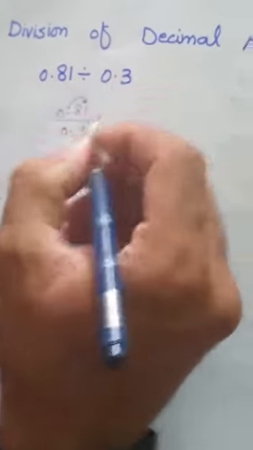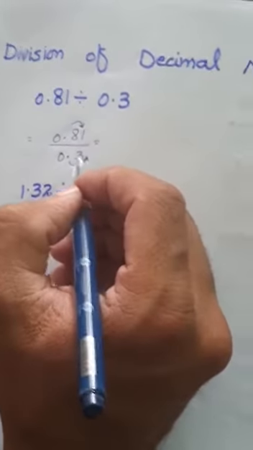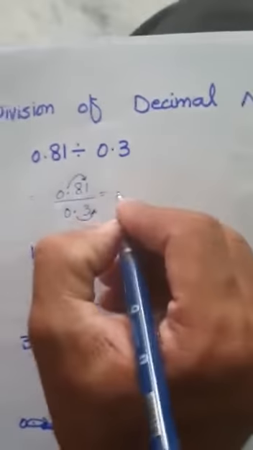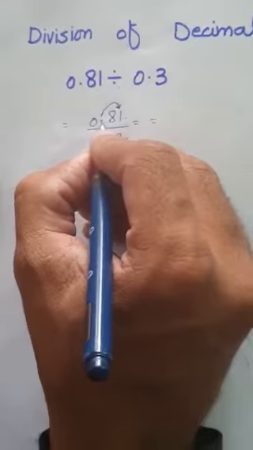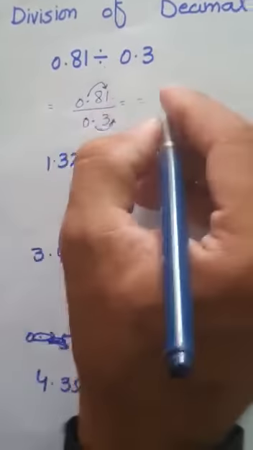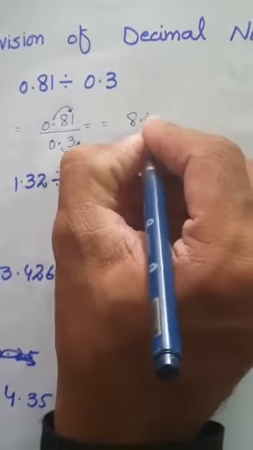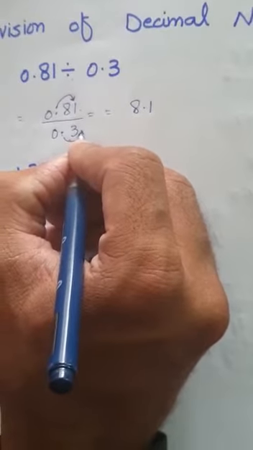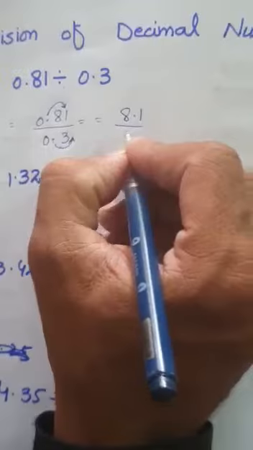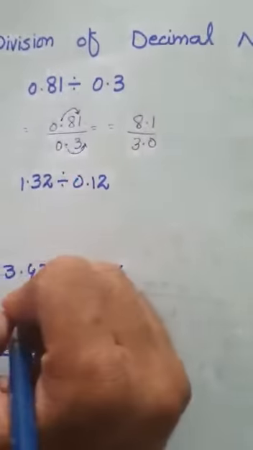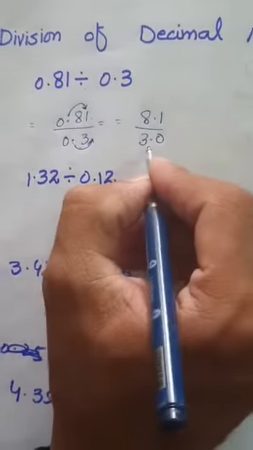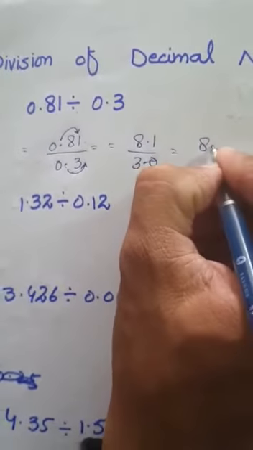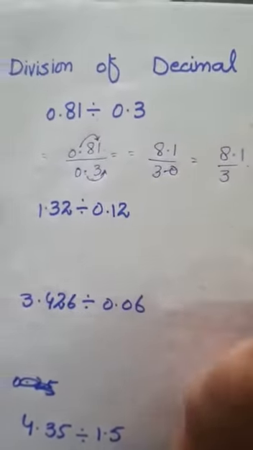It is very necessary that however many digits you cross on the upper side, the same number of digits must be crossed on the lower side as well. If I cross one digit on the upper side, it becomes 8.1, and when you cross this decimal one digit in the denominator, it becomes 3.0. It is very necessary to learn this. It will become 3.0, or you can write it as 8.1 divided by 3. It will be similar.